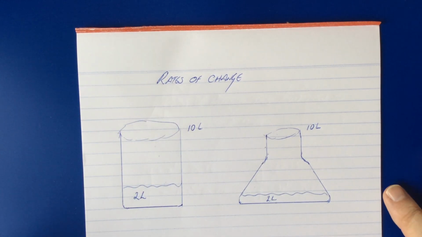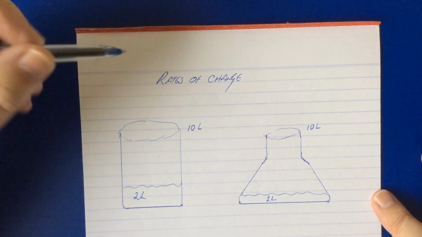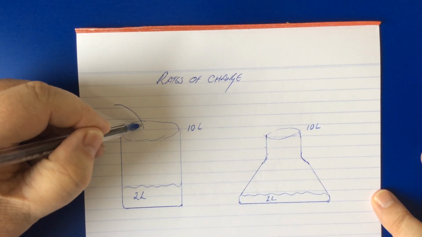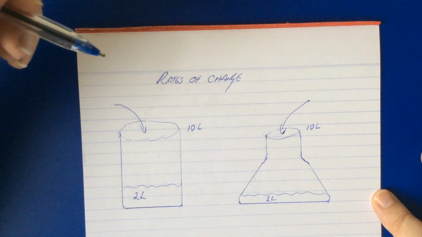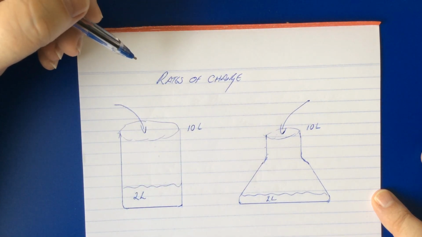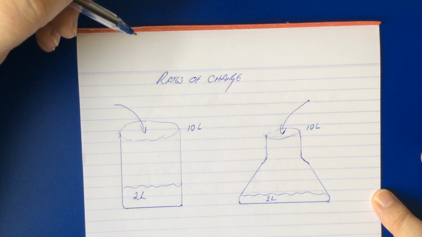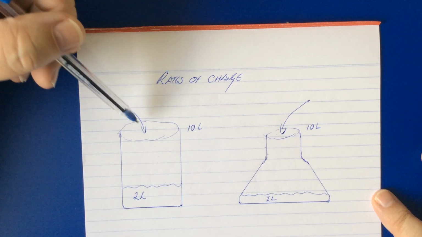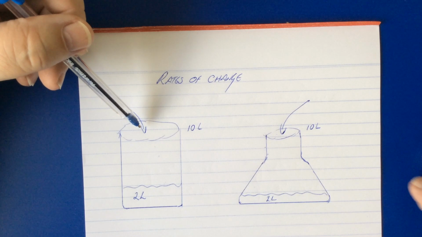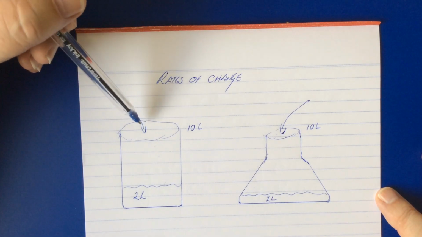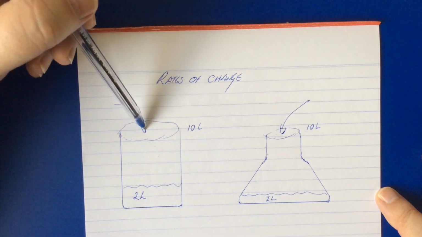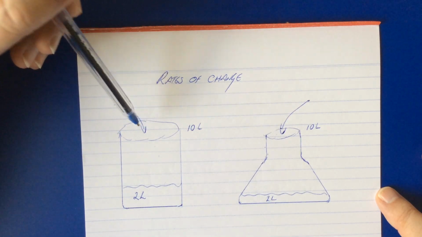Okay, now the rest of the story goes that liquid will be poured into each of these at the same rate. That's important. So whether it's 1 litre per 10 seconds or whatever it is, liquid is going to be poured into both of these at the same rate.